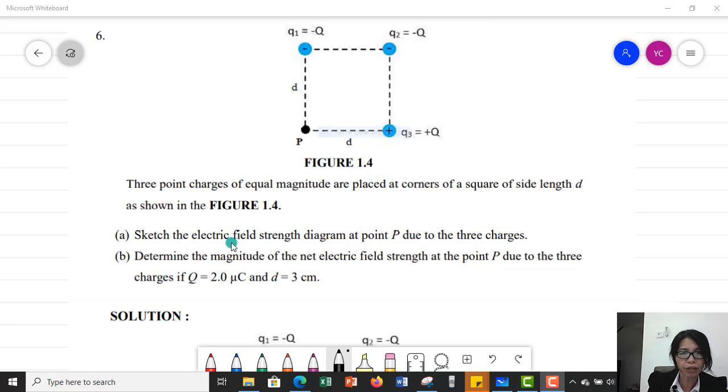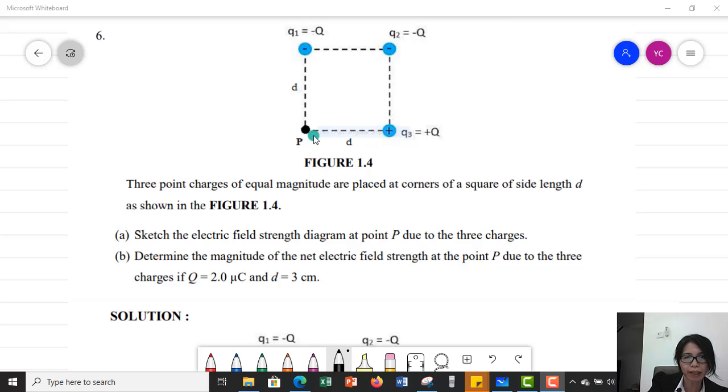So A, sketch the electric field strength diagram at point P due to the three charges. So we want to sketch the electric field strength created by these 3 point charges at point P. At point P, there will be an electric field created by Q1, by Q2, and also by Q3.